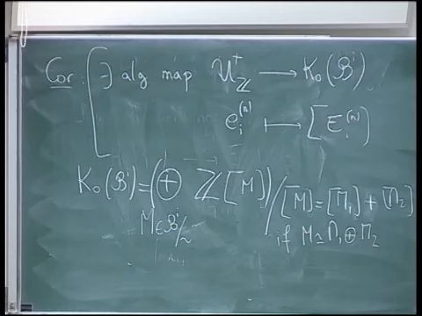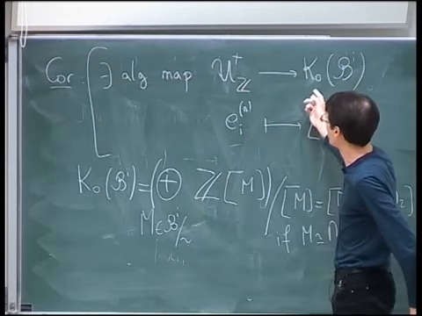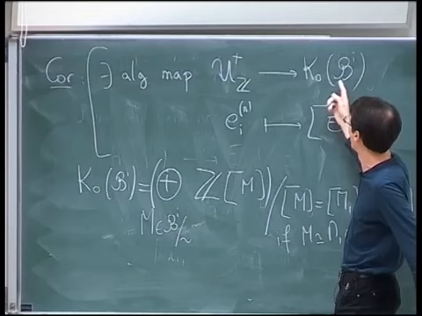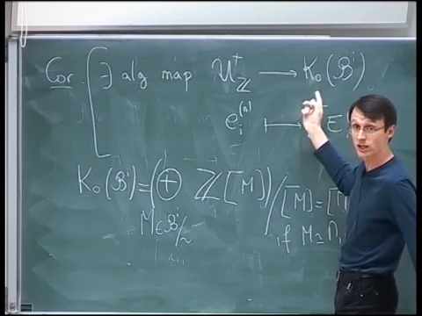So the statement is that in this category B, if you forget about maps and look just at objects up to isomorphism, what you get comes from this enveloping algebra U_Z^+. There are obvious questions, like whether this map has the defining relations, and yes, the defining relations do hold there. And you can ask if the map is surjective or injective.